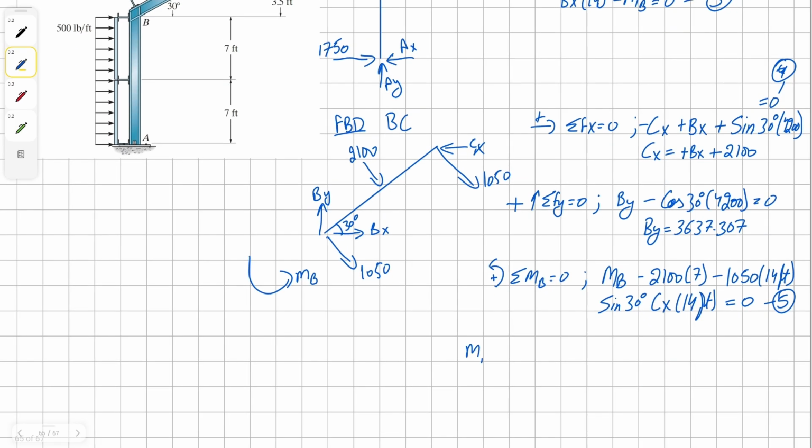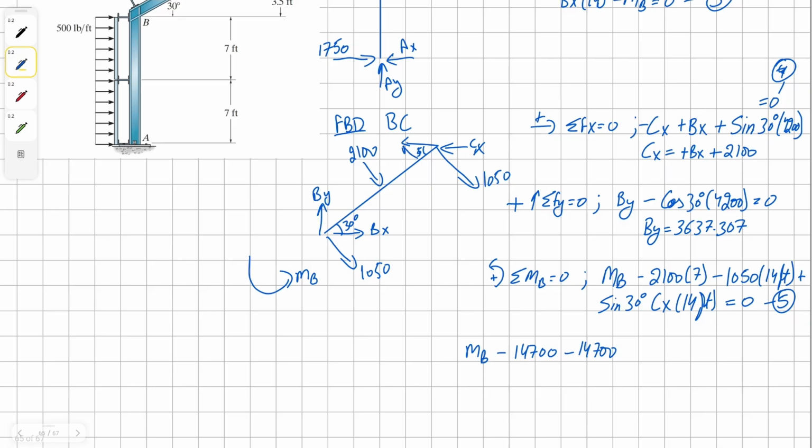I'm going to have moment B plus 14,700 negative 14,700 negative 14,700 and then we had a positive here, I believe, because if we look here, Cx is at 30 degrees.